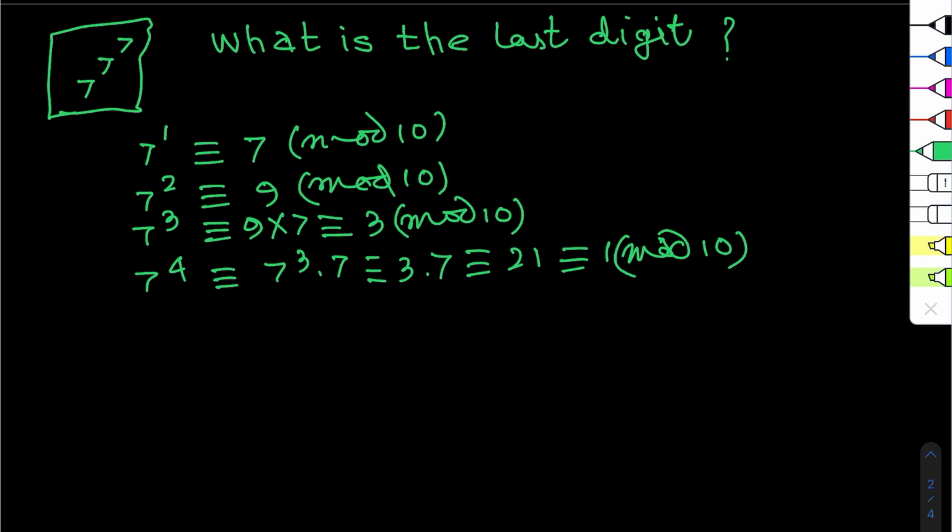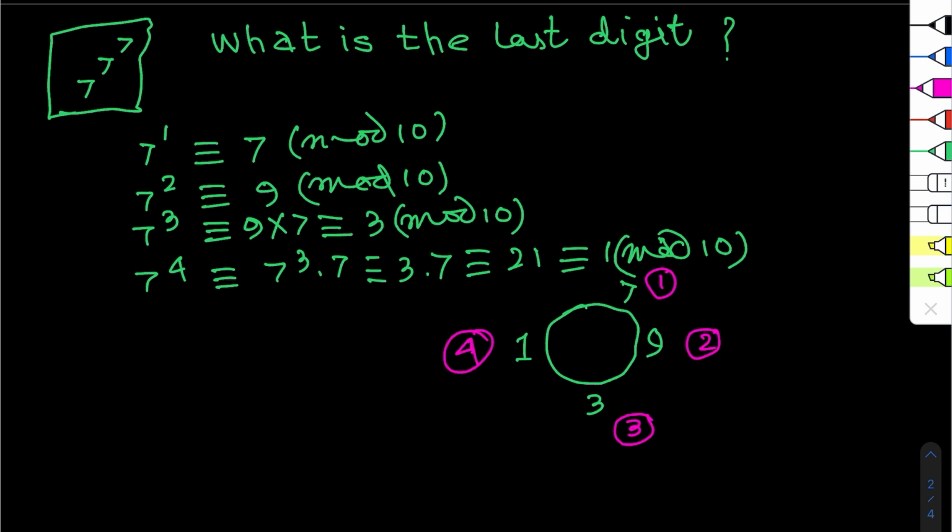So here 7, 9, 3 and 1 are the remainders for various powers of 7. The first position gives 7, the second 9, the third 3, and the fourth 1. So these are the 4 positions of the remainder cycle.